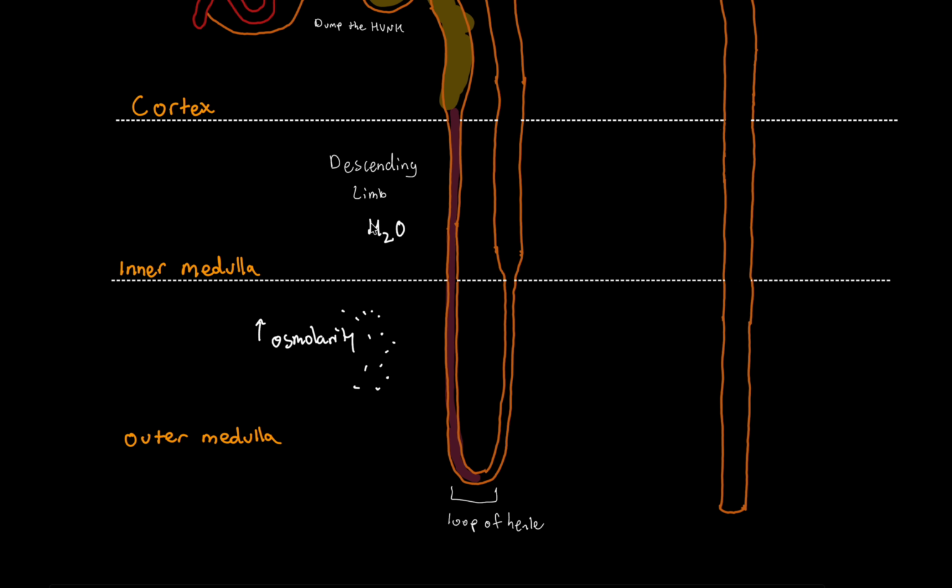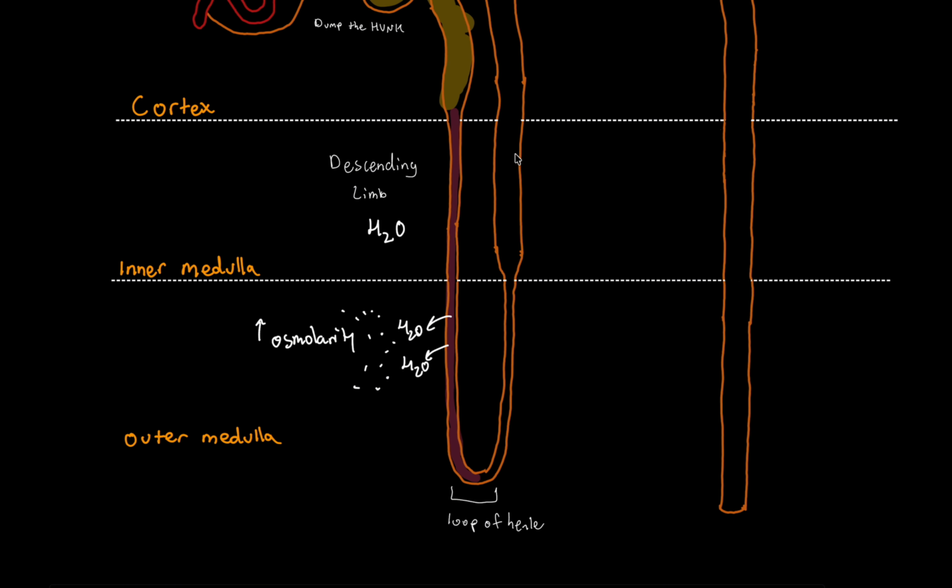So we have more salts here, so water is going to be flowing out into the medulla and back into the bloodstream, because we obviously need water. We can't just secrete all the water in the world. We still need to keep some in our body.